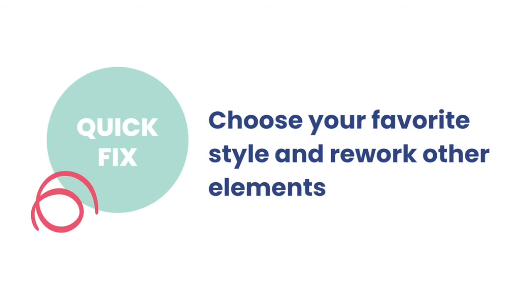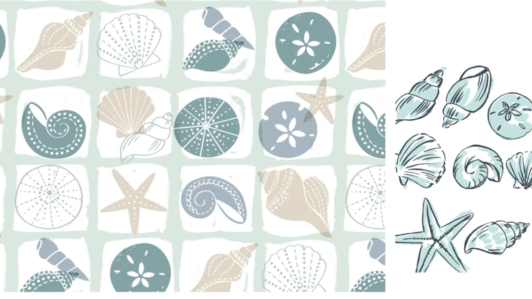So a way to fix this mistake is to choose your favorite style from one print and rework the other elements. I'm showing you what my original design for this was on the left with the squares. You can see there is a little bit of a mix of styles, but it works together.